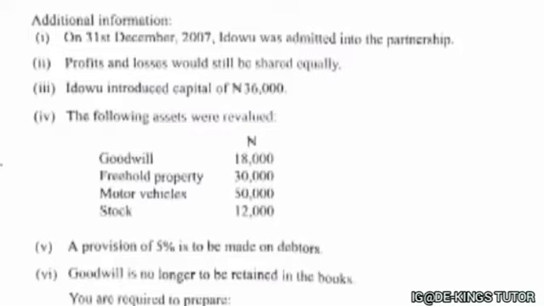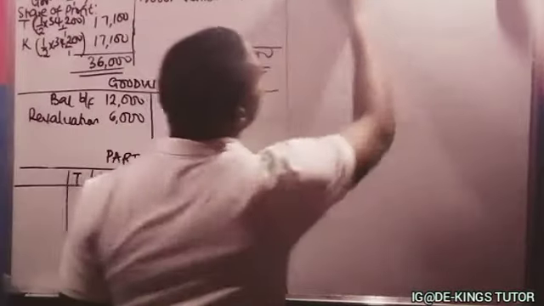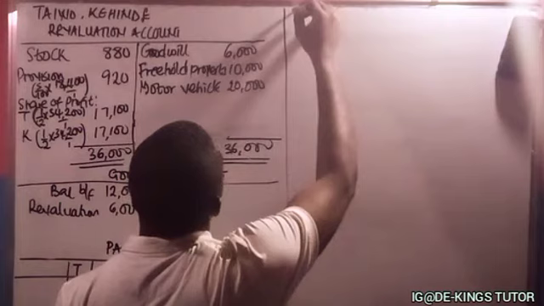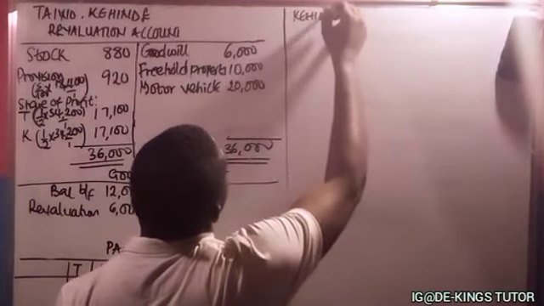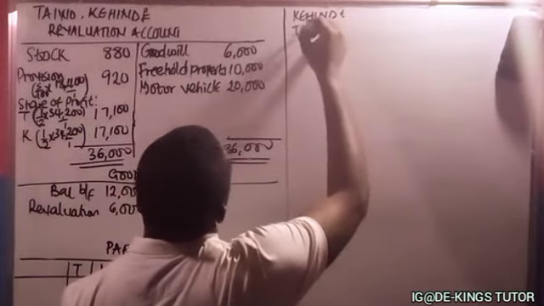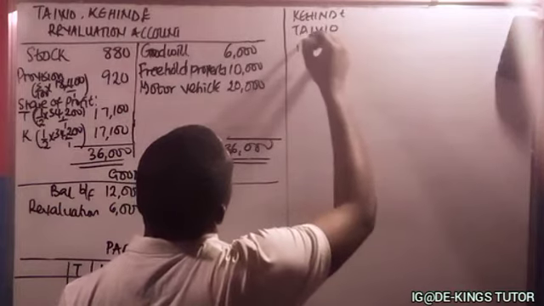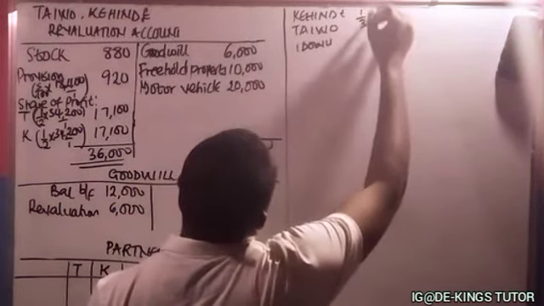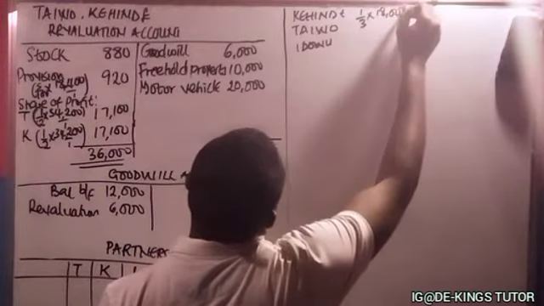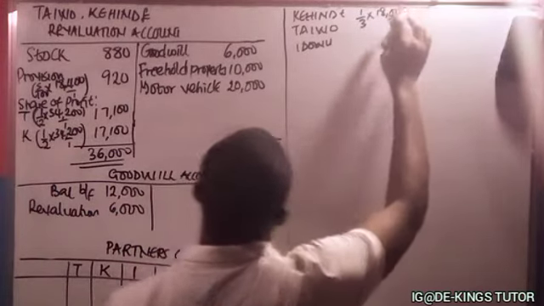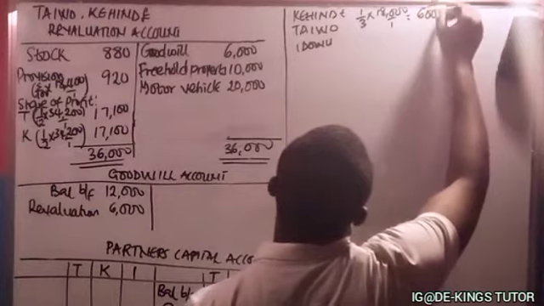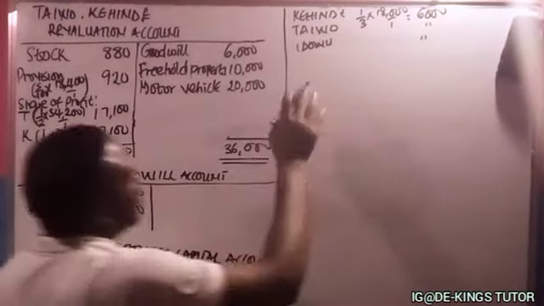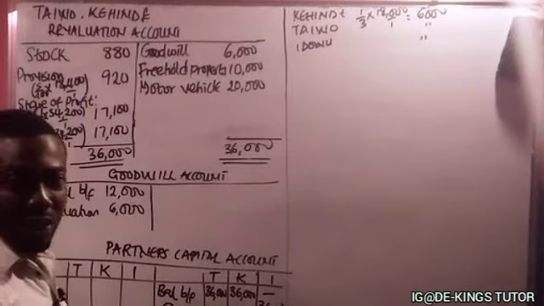Sharing it equally among Taiwo, Kehinde and Idowu, it will be 1/3 times 18,000. 18,000 is the goodwill that was revalued. So this will give us 6,000, the same 6,000 for the three, because it is equal.